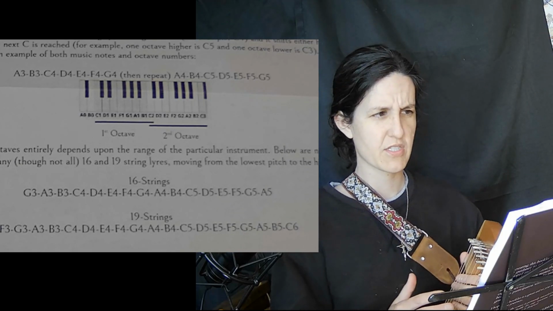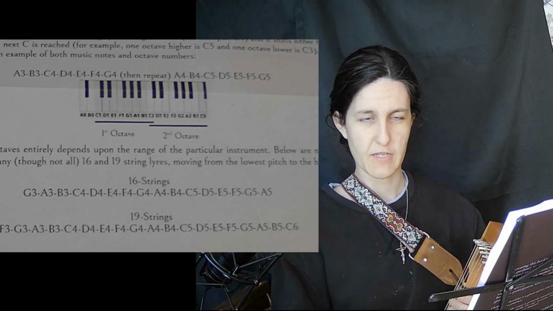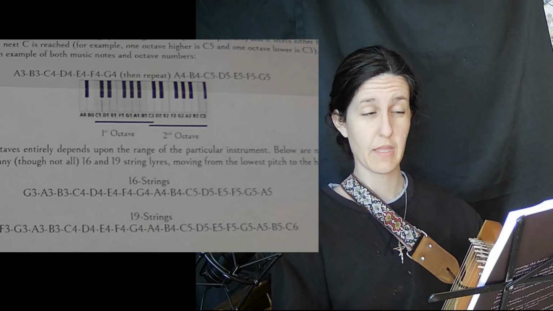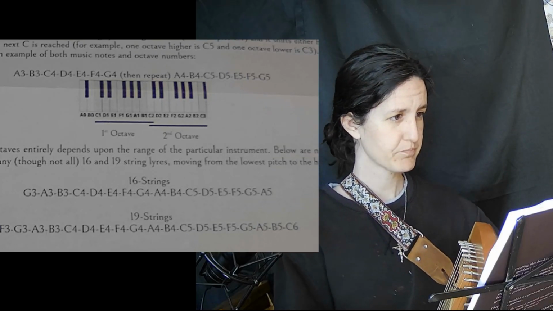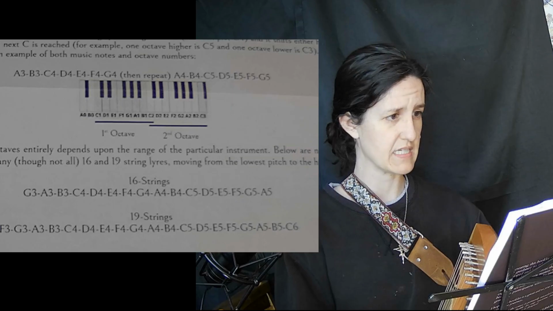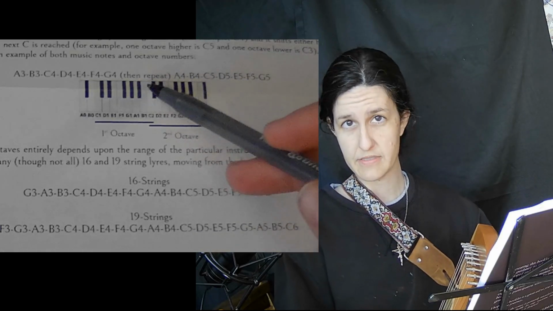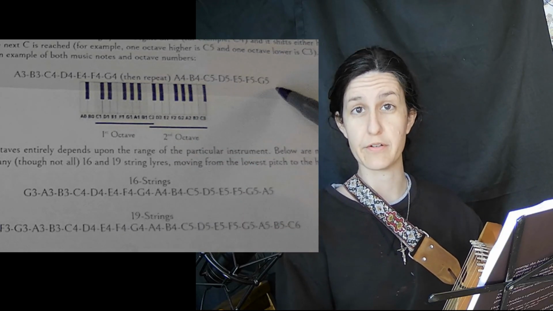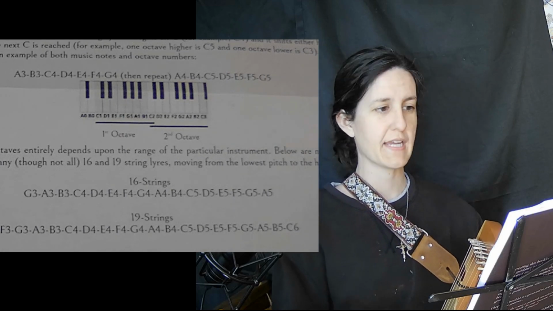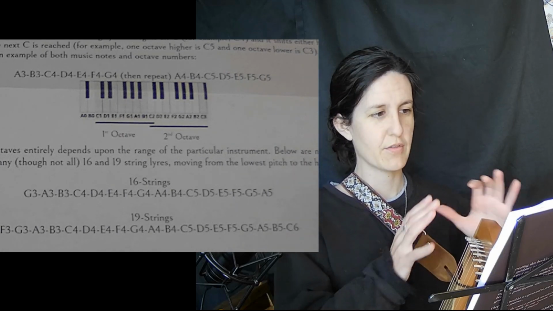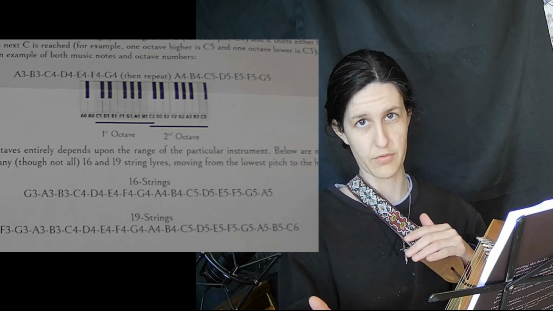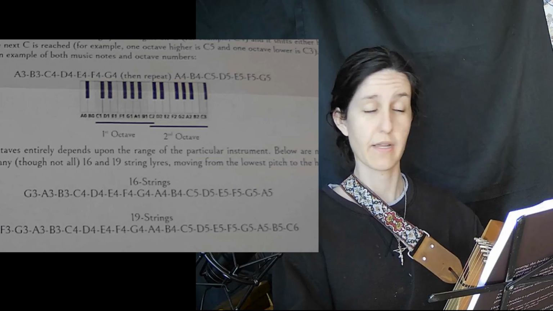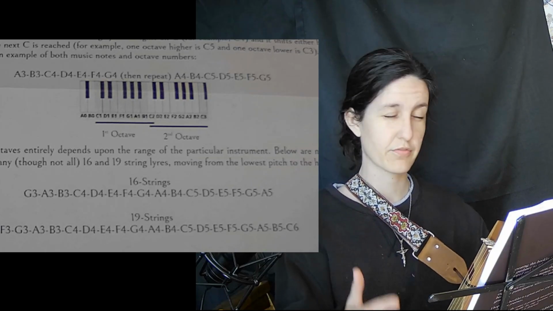So then the question is, what happens when we reach the G? You simply start over. This is illustrated in that image below, where we have A, B, C, D, E, F, G, and then you start over again, A, B, C, D, E, F, G. So it's all a pattern. If you look at a piano, there are 88 keys, but there's really just a pattern of a few notes that repeat over and over again, which is very helpful for orienting yourself to the instrument.